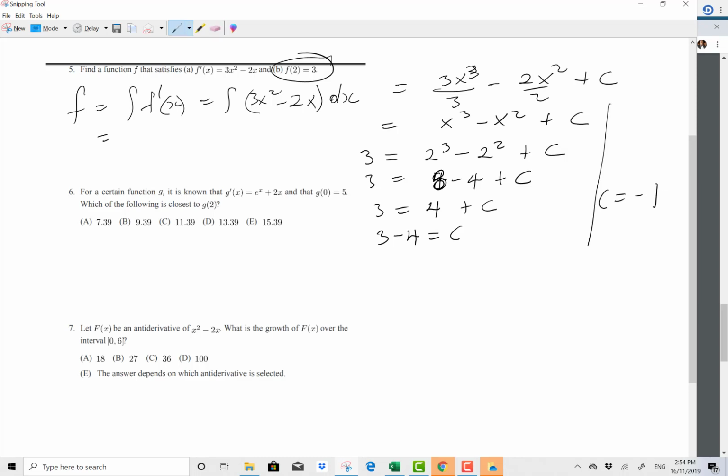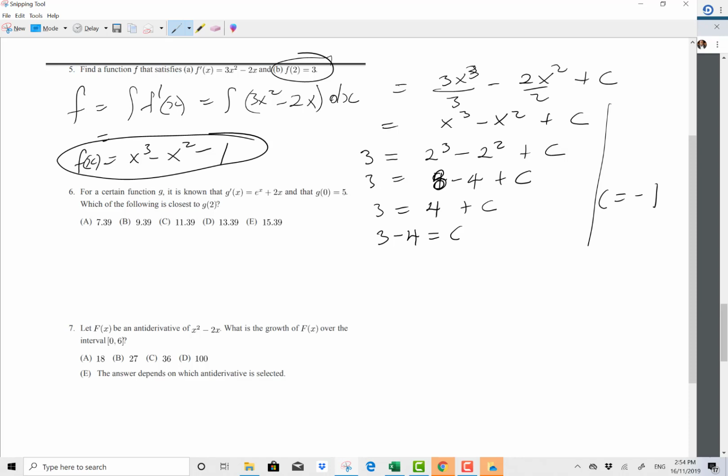If c is negative 1, then f of x is going to be equal to x cubed minus x squared minus 1. And this is my expression for f of x. All right, so that's the complete f of x.